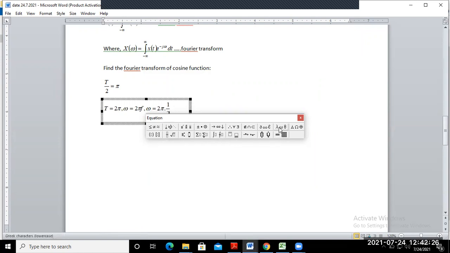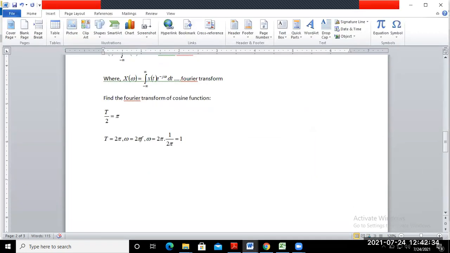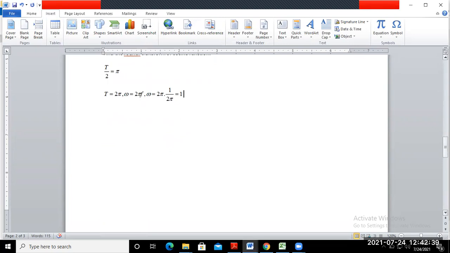Okay. That means equal to 1, is it not? So if you put this, omega equal to 1, the standard form of x(t) equal to A cos omega t.